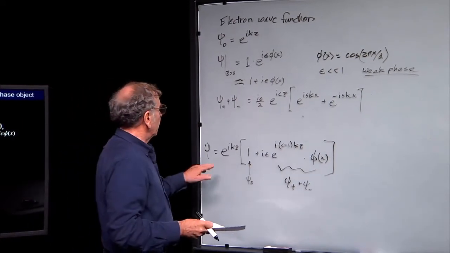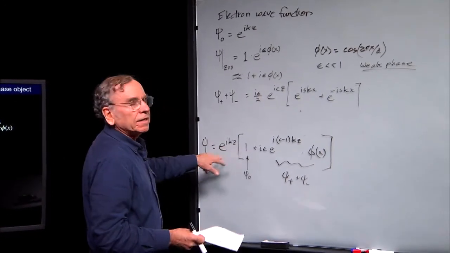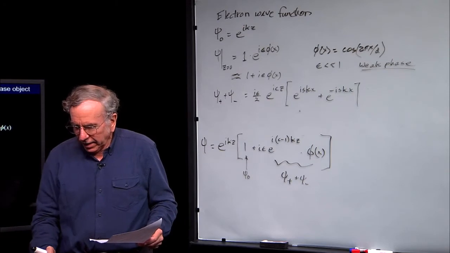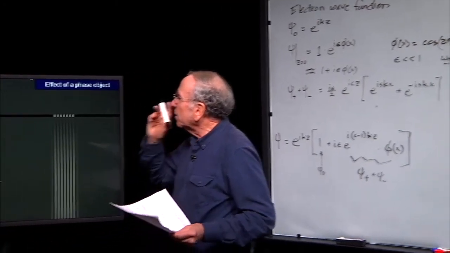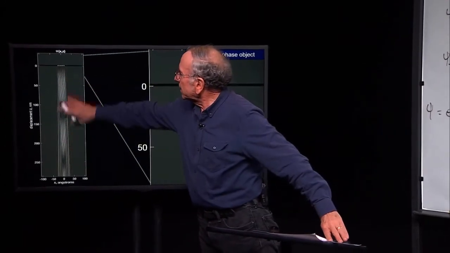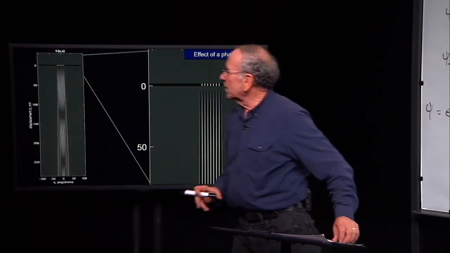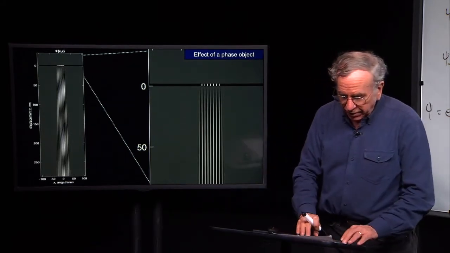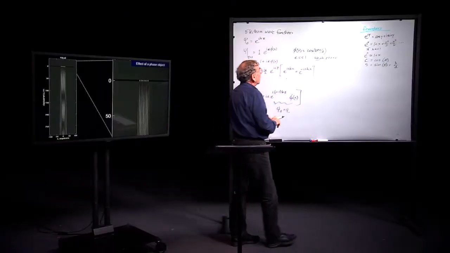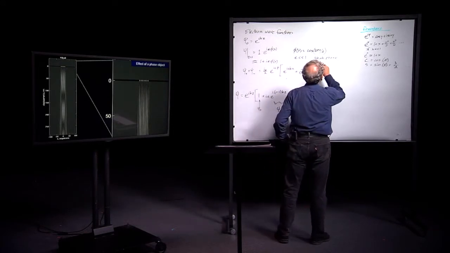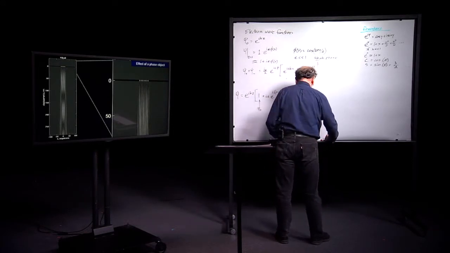I want to compute the squared magnitude of this entire wave function below the specimen, because I want to understand the intensity of the signal that I see below the specimen. So here's how we're going to do it.